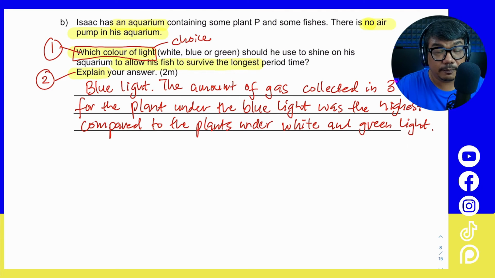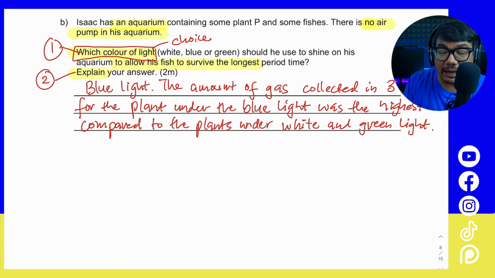So in this part of the answer, you are giving the evidence as to why you chose blue light, as well as in that same statement, you have made a comparison with the other 2 lights, sort of like saying why I did not choose the other 2.